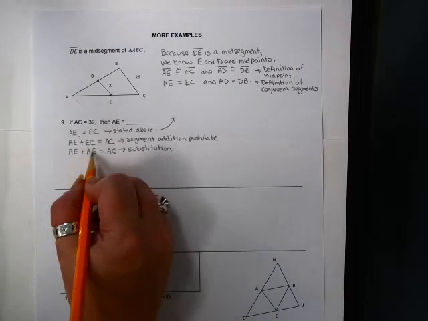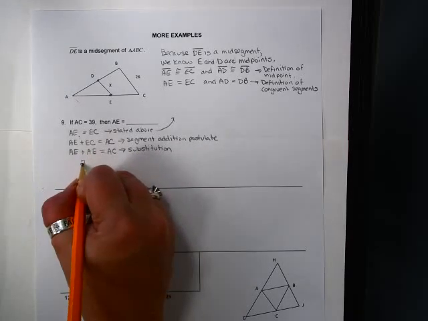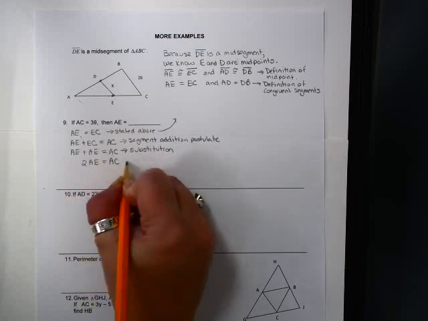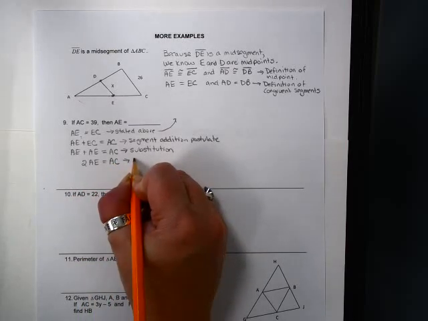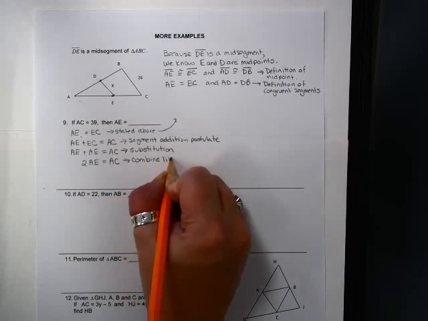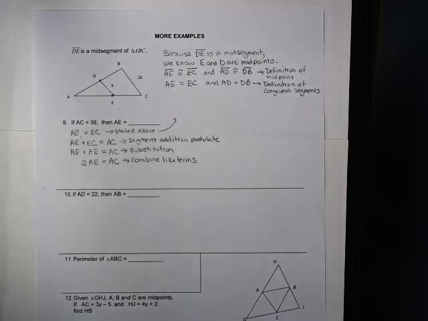And then I've got two things that are alike, so I can combine them together. I can write that as 2AE equals AC, and that is combining like terms. Now we're at a point where we substitute in what we know.